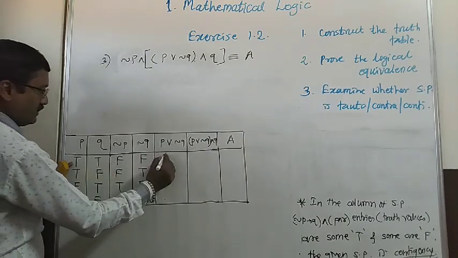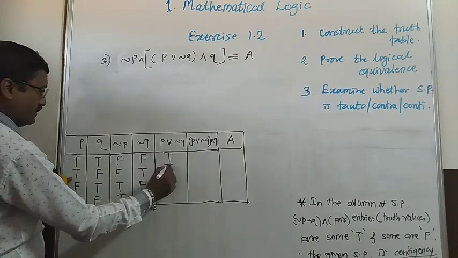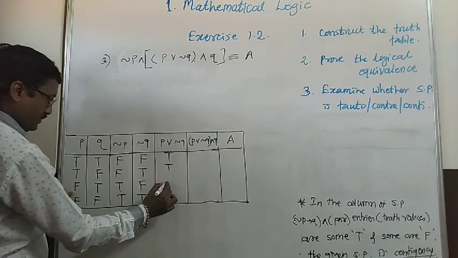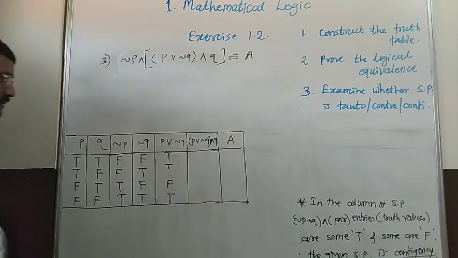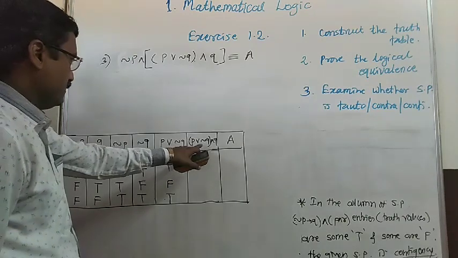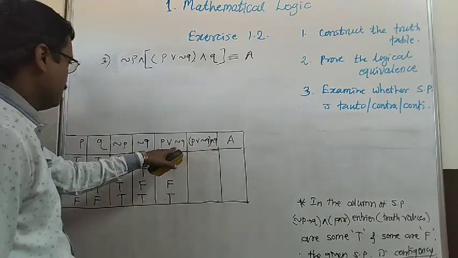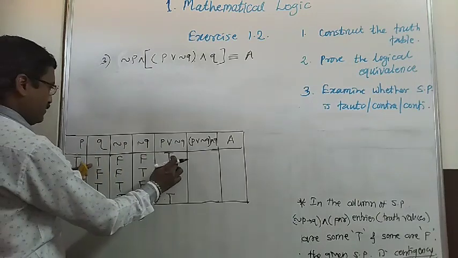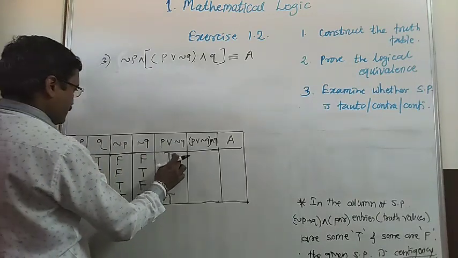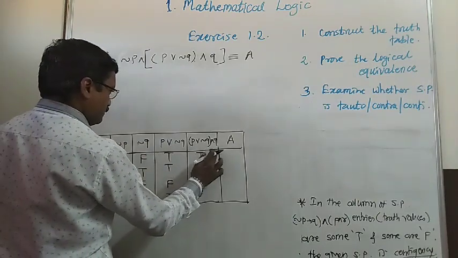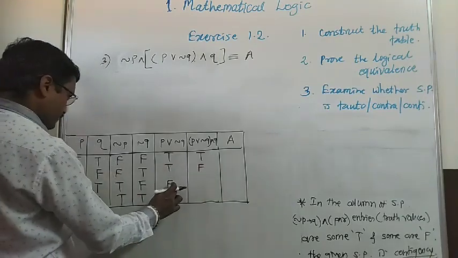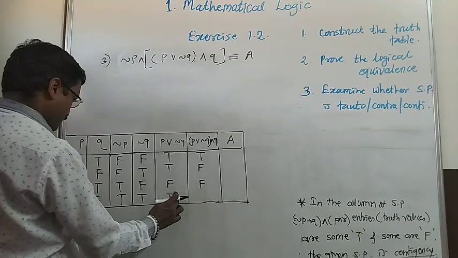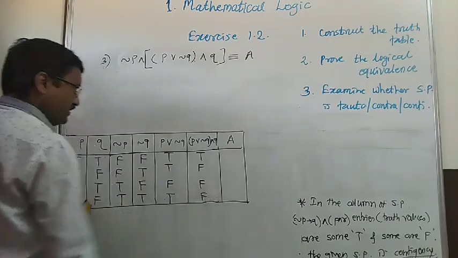Here is one T, so T. Here both are F, no T, so it's F. Here one T, so it's T. Now we have to take the conjunction of this statement with Q. So we will find whether F is there. No F, so T. Here is one F, so F. Here is one F, so F. Here is one F, so F.